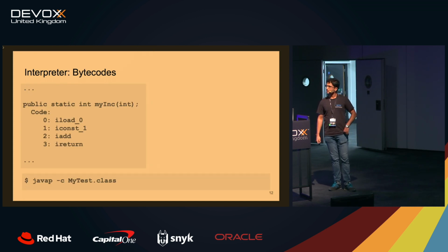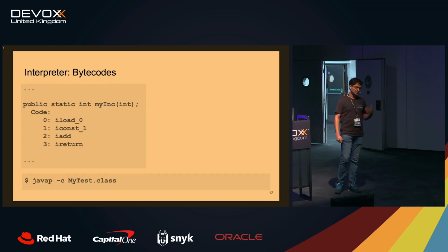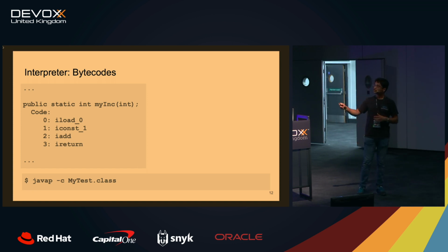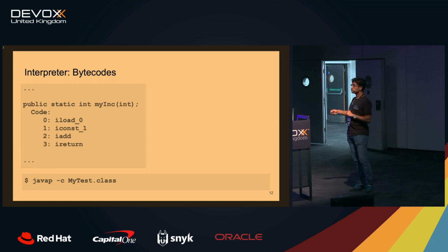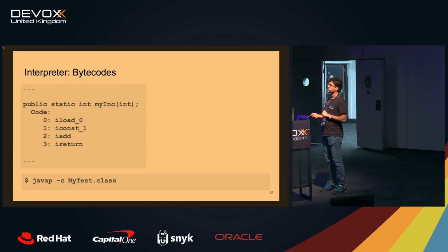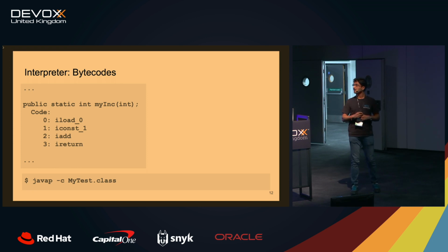If you want to see the bytecodes that are present in the .class file, you can use javap -c and mytest.class. You will see all the bytecodes for the entire class file. This is the sequence of bytecodes for the myIncrement method. We have 4 bytecodes: iload_0, iconst_1, iadd, and ireturn.